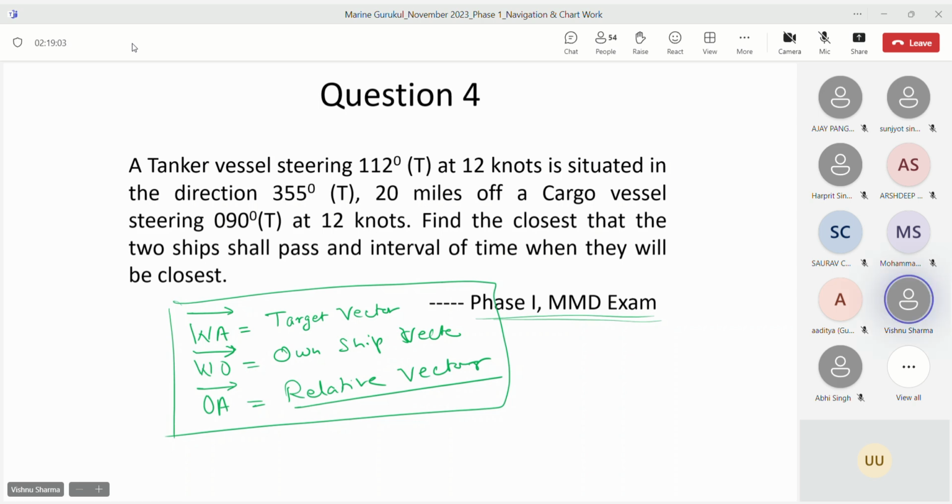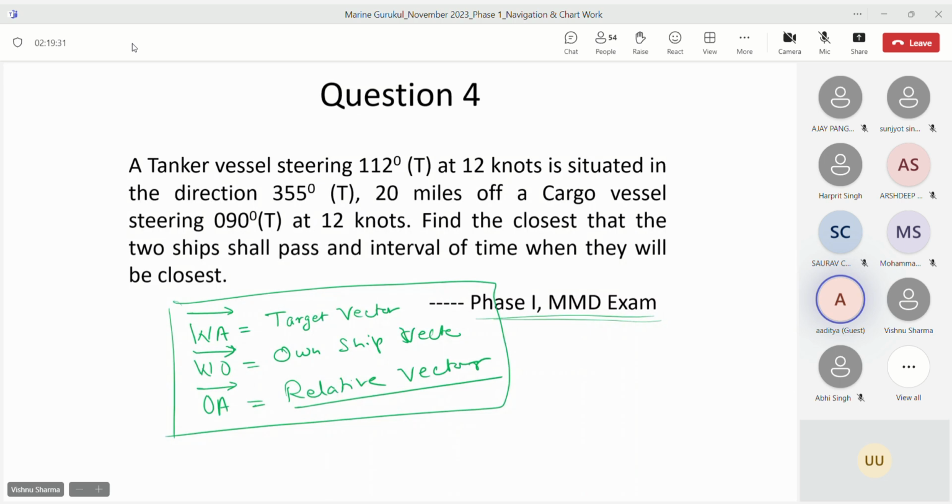In this, what we will do is, there is one ship whose position is given with respect to the other. So read the question. Is it the tanker position given from the cargo ship, or the cargo ship position given from the tanker? Cargo vessel is own vessel.